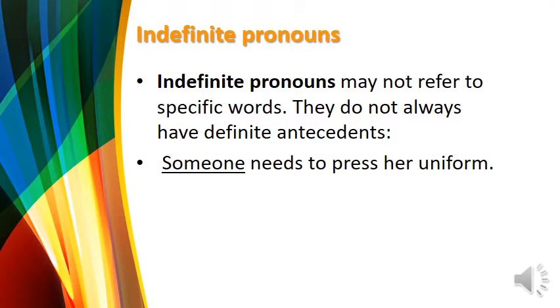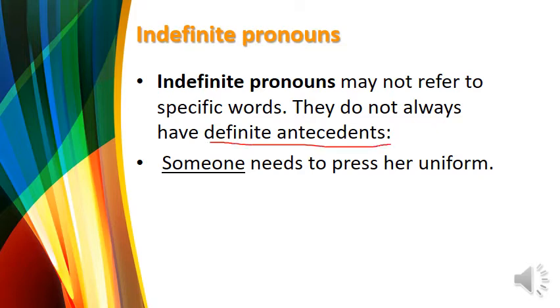So let's look at the indefinite pronouns. What is the meaning of indefinite? Means not specific. Indefinite pronouns may not refer to specific words. They do not always have a definite antecedent. They do not have specific antecedents in the sentence.